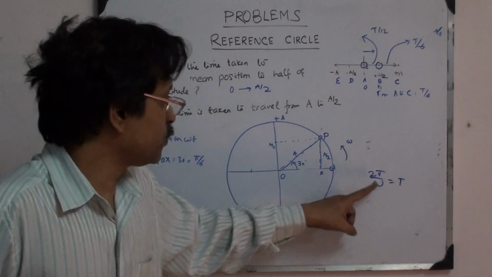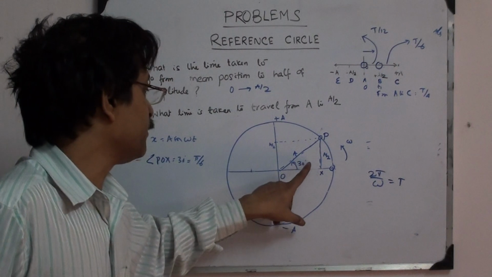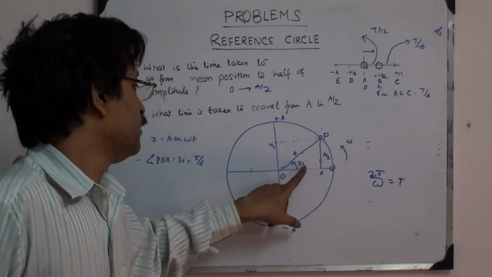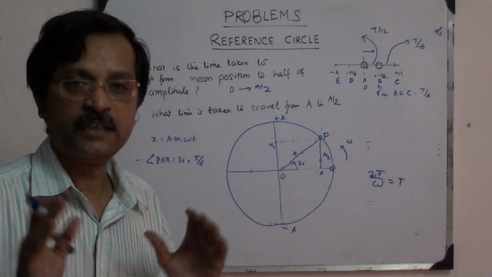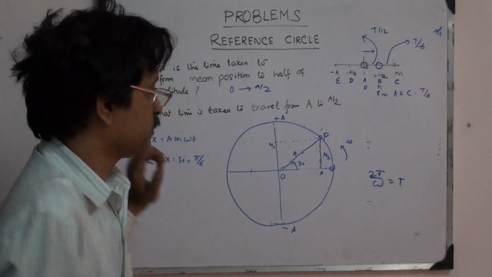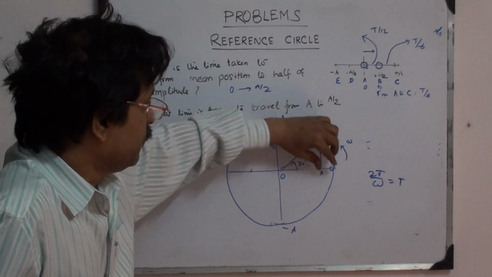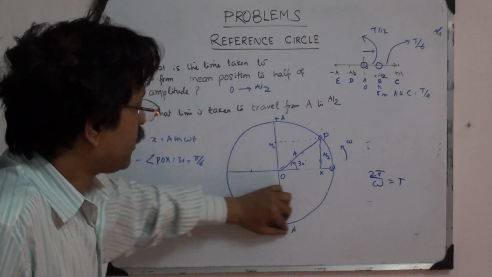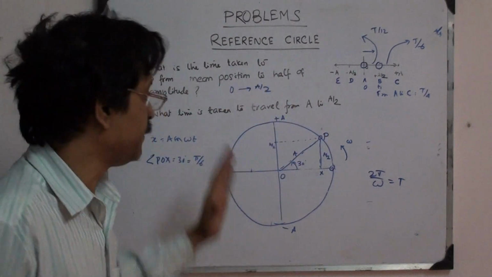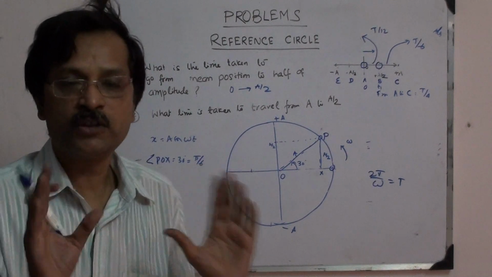So for turning 360 degrees, the time is T. How much time will be taken to turn 30 degrees? 360 degrees is the full cycle time of SHM. That is the time for the particle to move a complete round in the reference circle, and at the same time the vertical shadow also makes one complete motion. Both consume the same time.